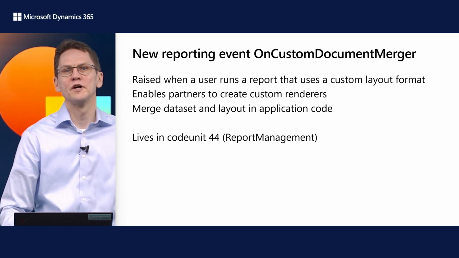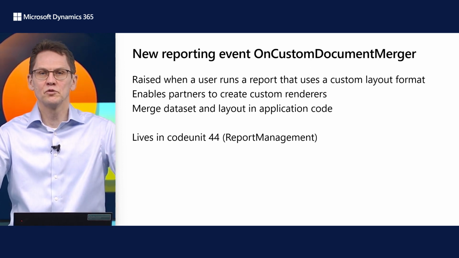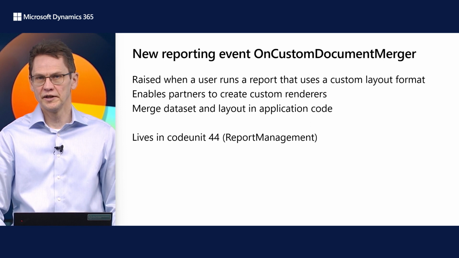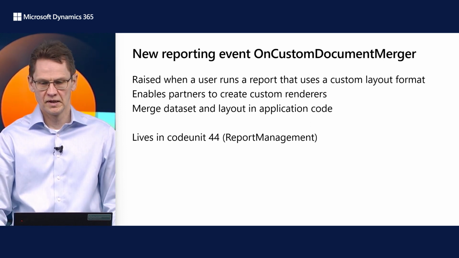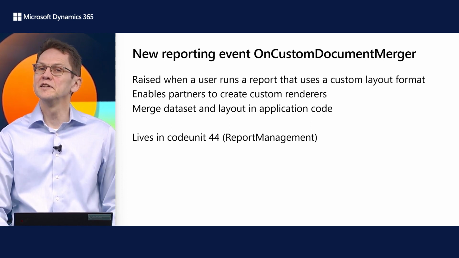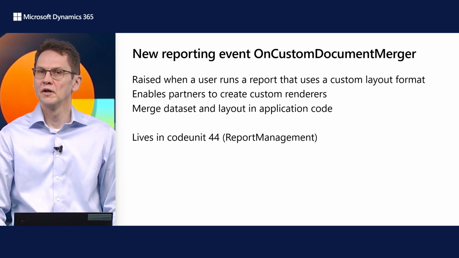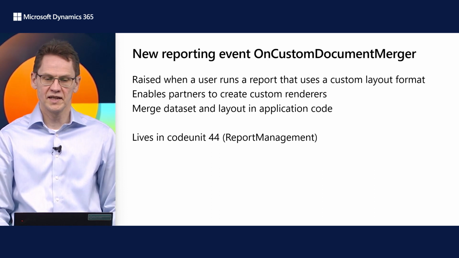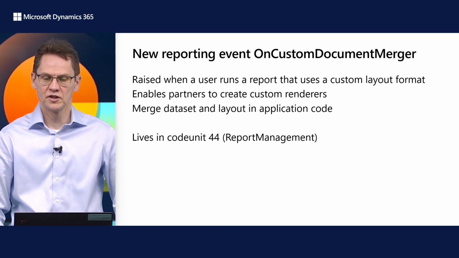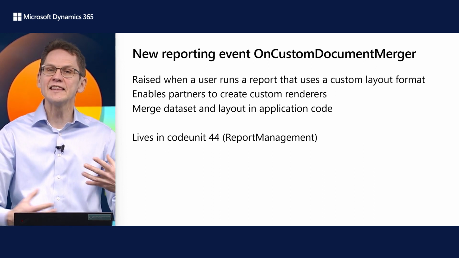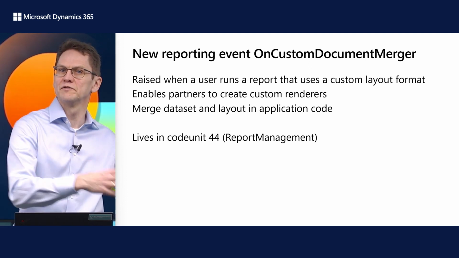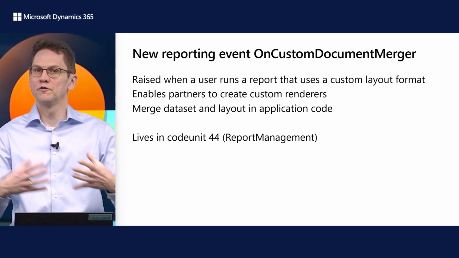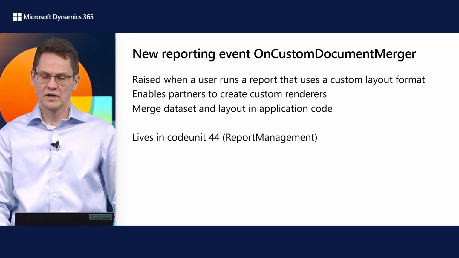I mentioned before that there was an output type which was custom, and you could then specify a MIME type. The idea here is that external report vendors that generate their own reports and have their own type of layouts, they subscribe to your custom document merger, and then they do what the platform would have done for Word and Excel now for their type of layout.